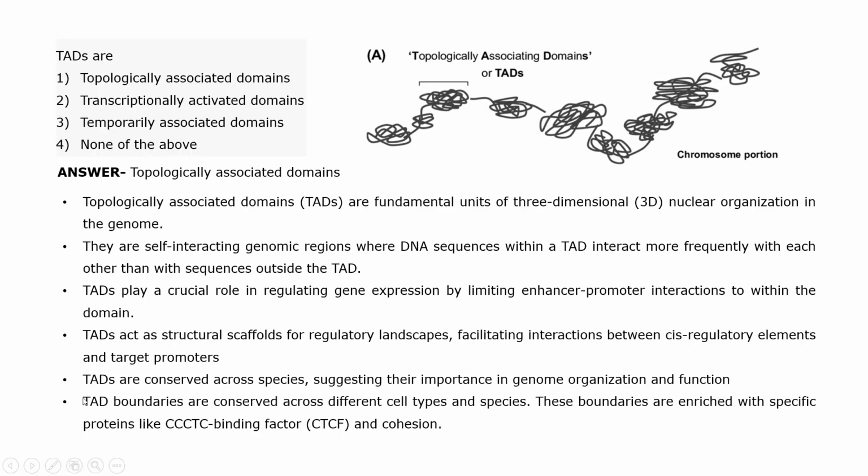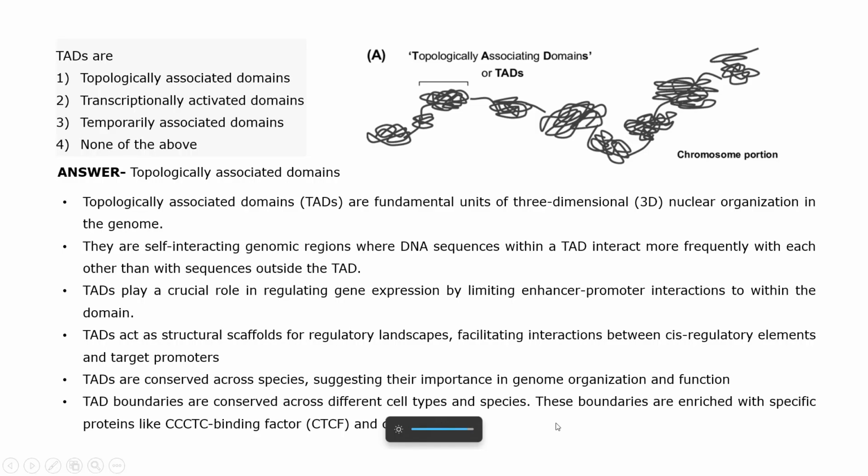And also TADs are conserved across species, suggesting their importance in genome organization as well as function. These are conserved across different cell types and species. These are enriched with certain proteins like the CTCF protein, or CTC binding factor, right?